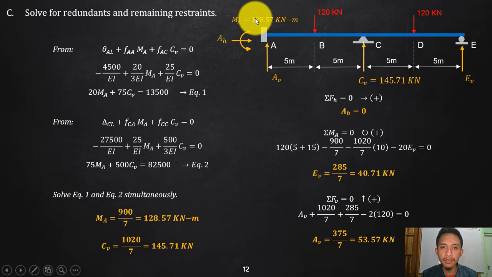You have your MA, the moment at that fixed support. This is the original beam. This is the indeterminate beam. Okay, that is the moment at A. You have this AB at A, and you have that horizontal to be 0, and you have that reaction. Sorry, I will just change that one.